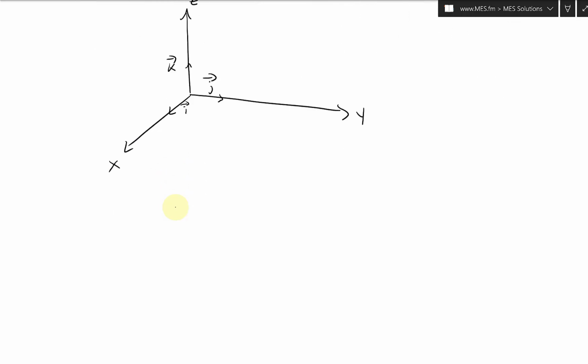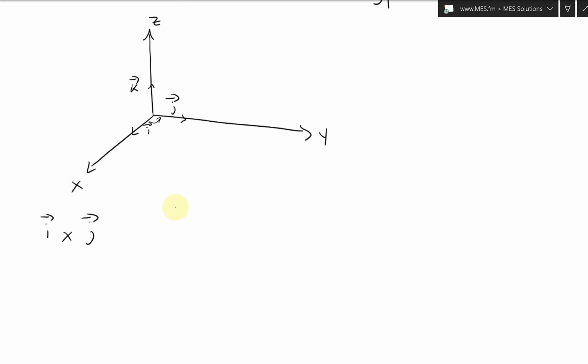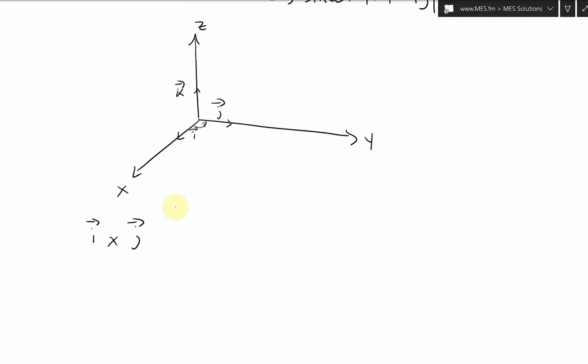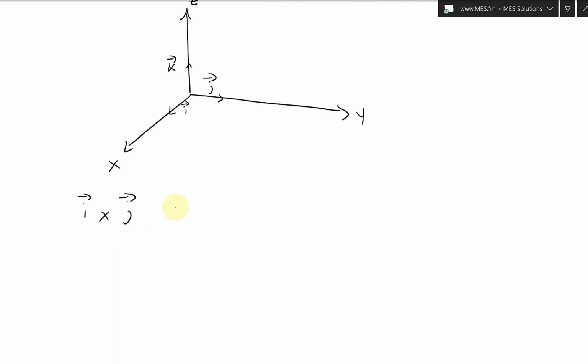Alright, so now let's do the properties. So i cross j, using the right hand rule. Remember the angle is going to be like this. Right hand's like this, so if it curls inwards this way, the thumb's going to be pointing up. And again, all these angles are pi over 2.